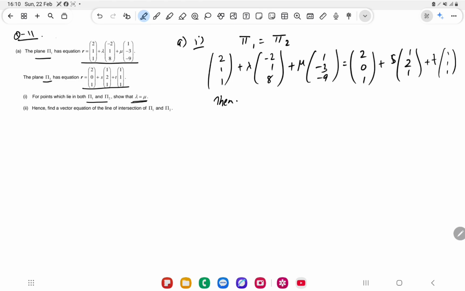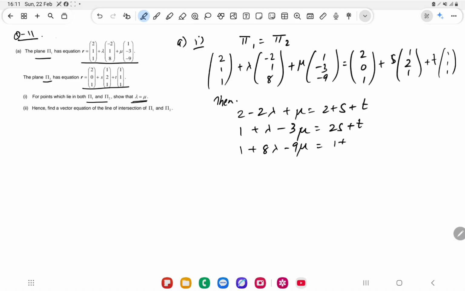Then after equating, I can say 2 minus 2 lambda plus mu is equal to 2 plus s plus t. 1 plus lambda minus 3 mu is equal to 2s plus t. And 1 plus 8 lambda minus 9 mu is equal to 1 plus s plus t.